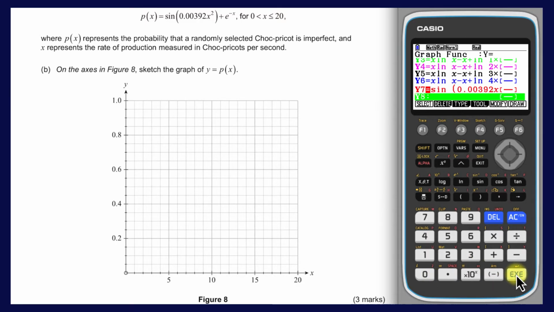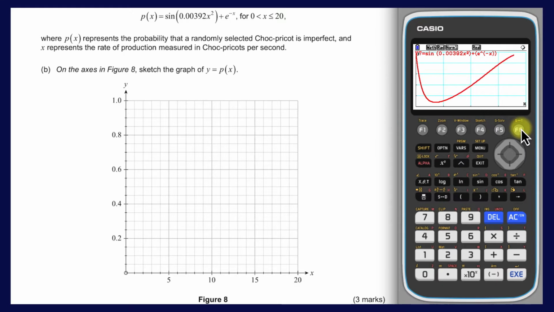Okay, so let's have a look at that one. An interesting beast. So how to draw this accurately? Well, I'd like to get the endpoints right, and I'd like to get that minimum or maximum right. So I'm going to start off with some tracing. I'm going to check where it is at 0. Right, that's up there at 1. That's good to know. Again, that makes sense.